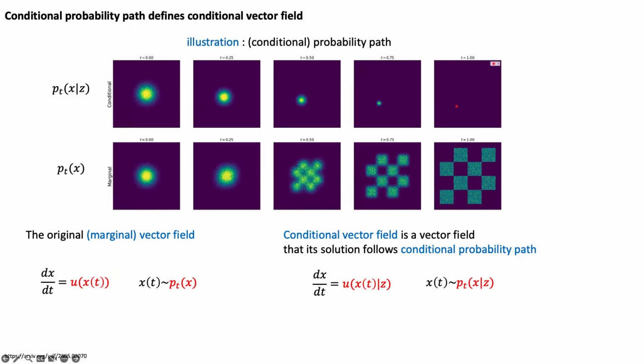It is a vector field whose solution follows this conditional probability path. So this is, in some sense, defined indirectly: the solution to the ODE follows the conditional probability path.